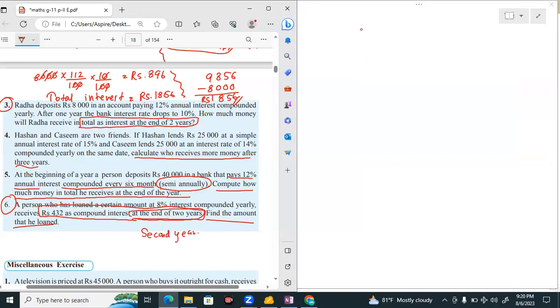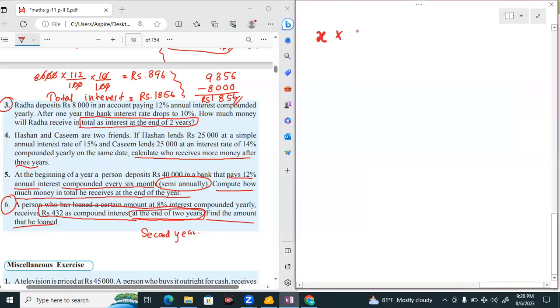If the loan amount is X rupees, then the total amount he received at the end of the first year is 108 upon 100. Now we have to calculate the interest for the second year on this total amount at the end of the first year. Therefore, we multiply it by 8 upon 100. This value equals 432.